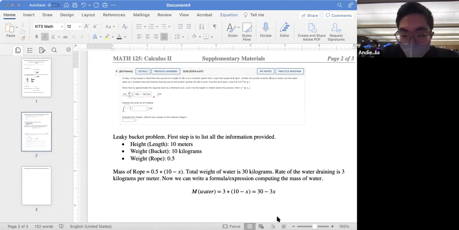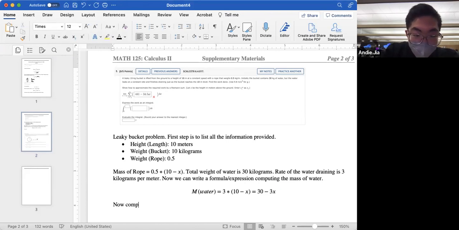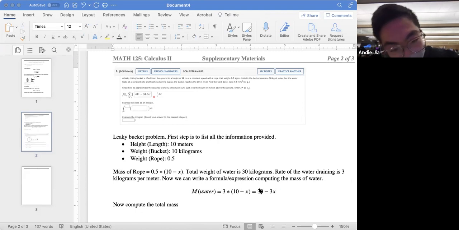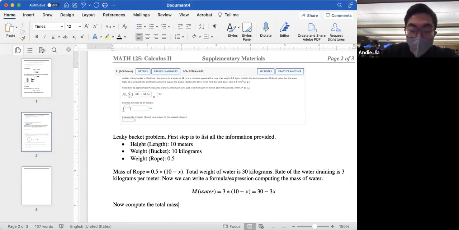And now I can compute the total mass. If the rate is 0.5, then 0.5 times 10 is 5 minus 0.5x. So this is a part of the mass.